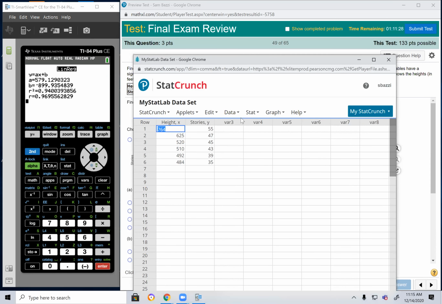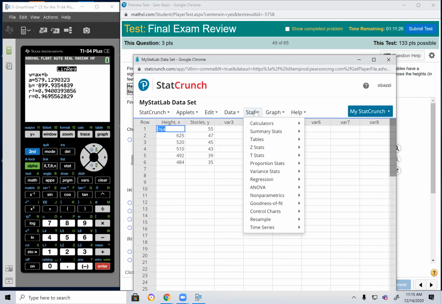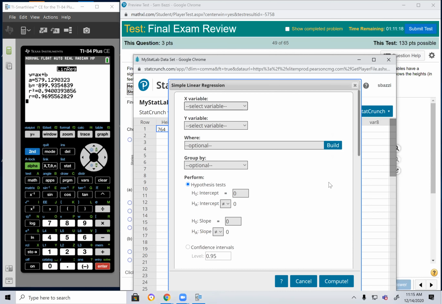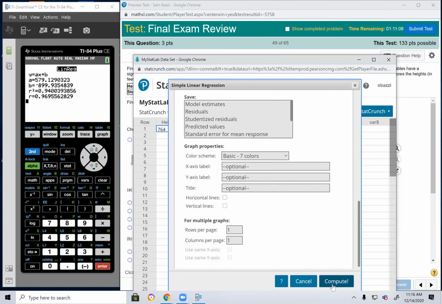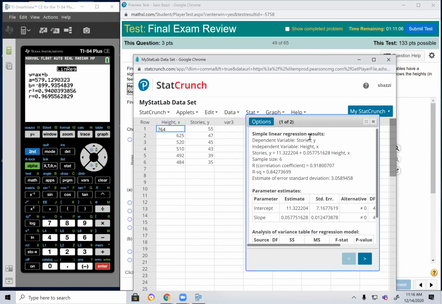Let me show you how to use StatCrunch. So you go stat, regression, simple linear. Your x variable is height. Your y variable is stories. And just hit compute.